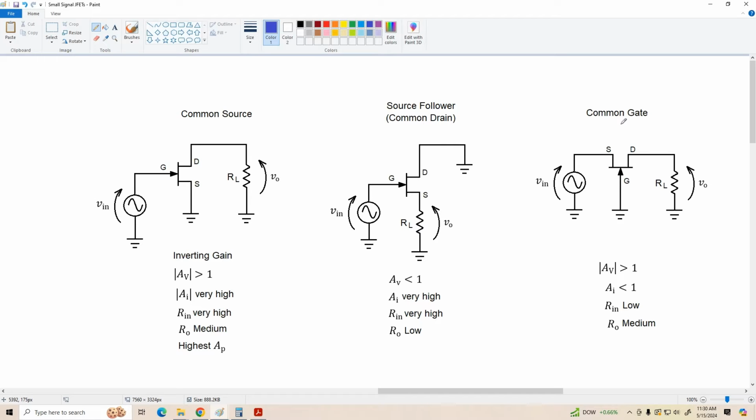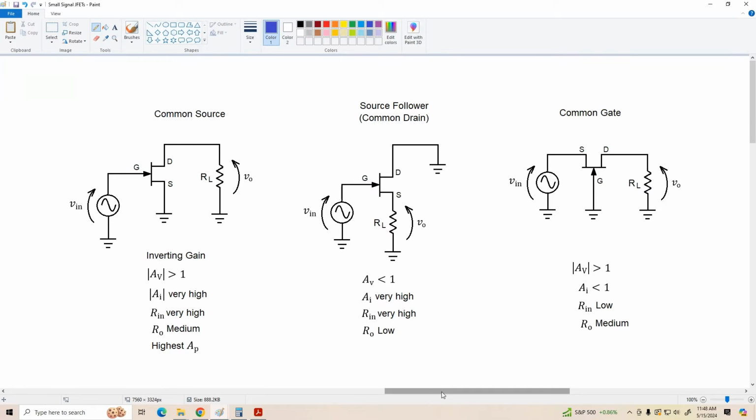It's going to have the best frequency response of all of these circuits. Its voltage gain is greater than 1, but its current gain is less than 1. The input resistance is low, and the output resistance is moderate or medium. All right, and these are all essentially analogous to the BJT equivalents.